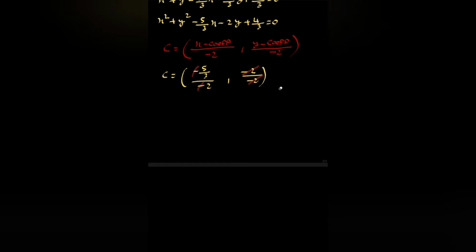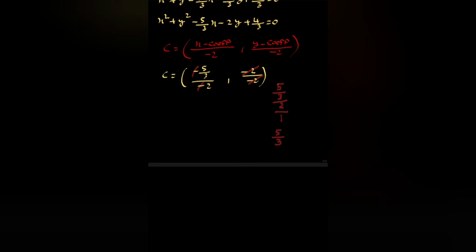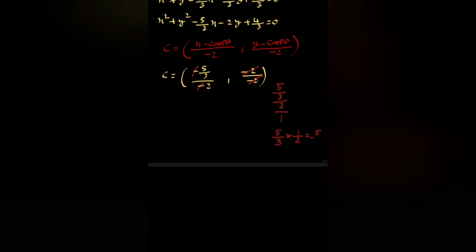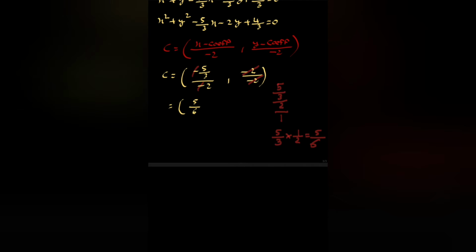Like if you see 5 by 3 by 2 and you keep 1, then 5 by 3 into 1 by 2, that is 5 by 6. So we get 5 by 6 comma 1 is the center.